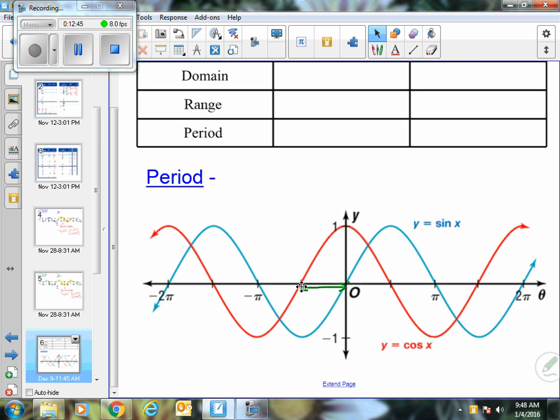I want you to think about why that is, this idea of cofunction, why we call them sine and cosine. Cofunctions are where in a SOHCAHTOA triangle, whether it's 30, 60, 90 or 45, 45, 90, whatever it is, in right triangles the other two angles besides the right angle always add up to 90 degrees. So think about a 30, 60, 90. The 30 and the 60 always add up to 90 because the other angle in the triangle is that right angle, so we only have 90 degrees left for the other two.